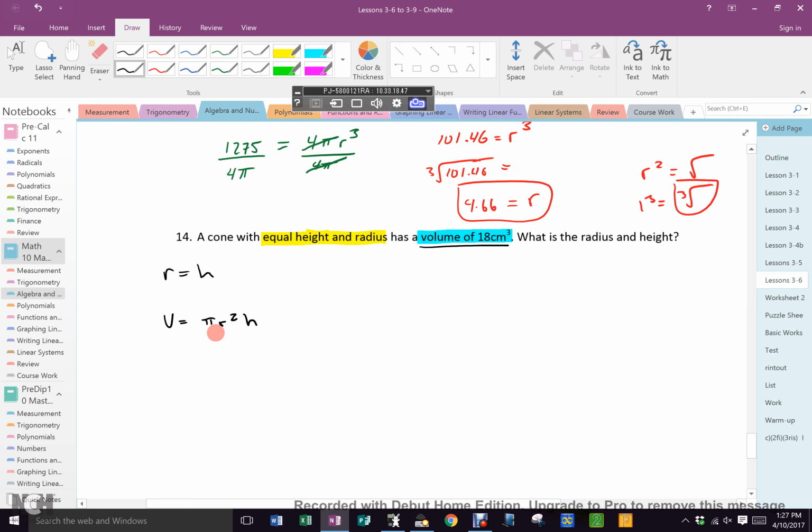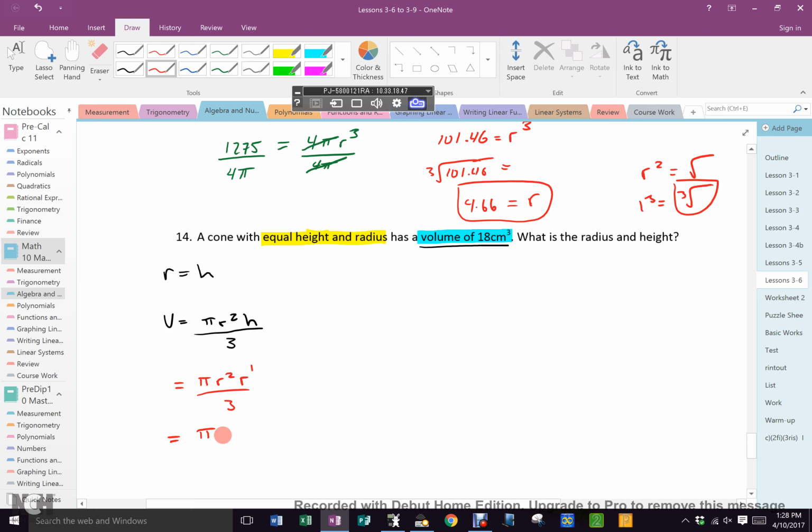Times the height divided by 3. What do I know about r and h in this question? They're the same. So isn't this really pi r squared times r, again, over 3? Okay. r squared and r to the what? 1 gives me what?